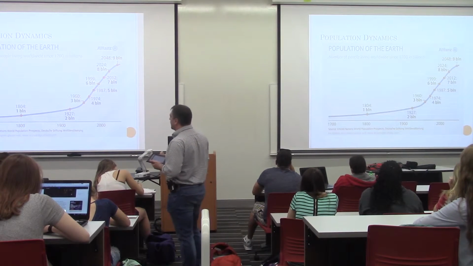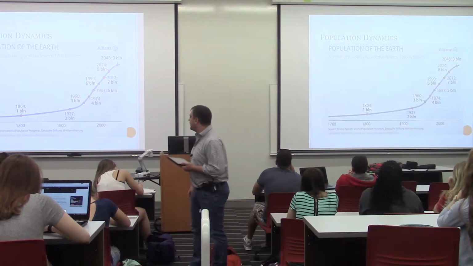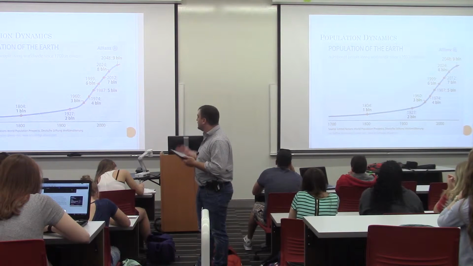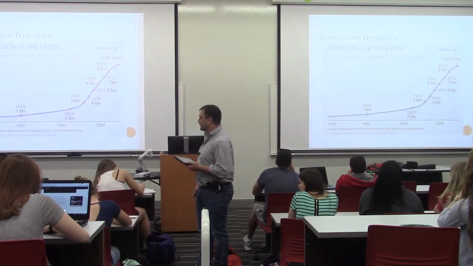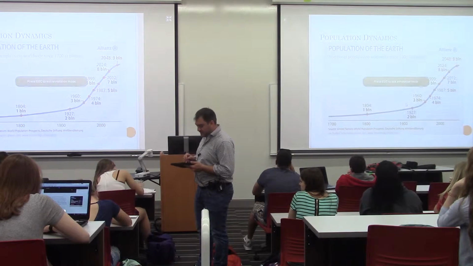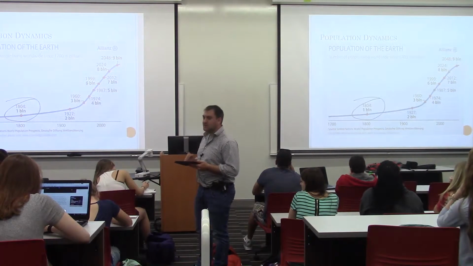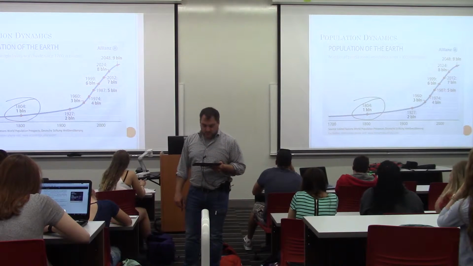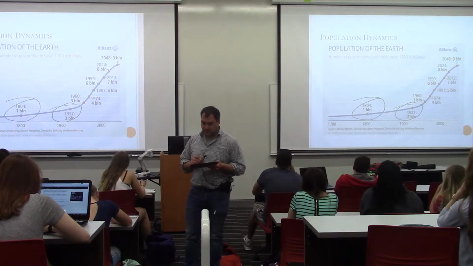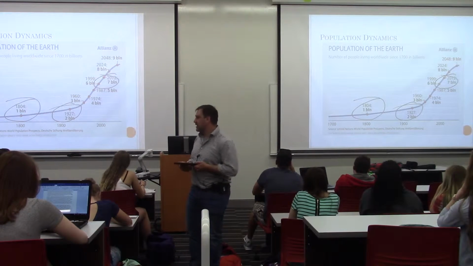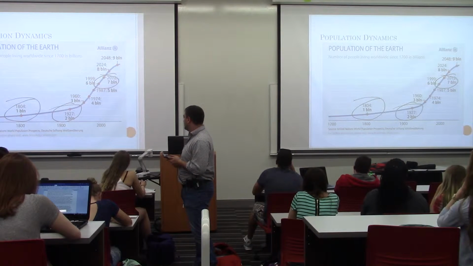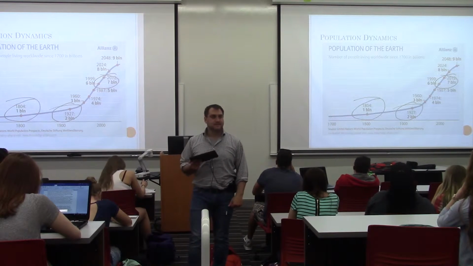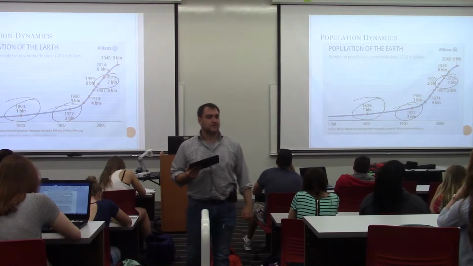So if we look at the growth rate of the population of Earth, we see a really interesting trend. It took from the beginning of human history all the way to 1800 to get to 1 billion people on Earth. It only took about 120 more years to get to 2 billion, and we're here in present day at around 7 billion, less than 100 years later.